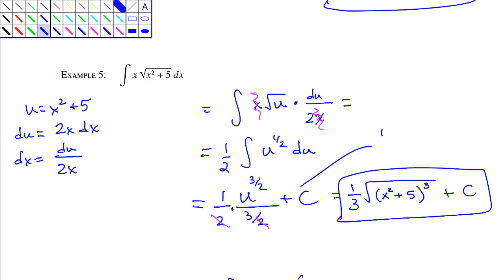This would be 1/3 the square root of u cubed plus c. Because remember what 3/2 means as an exponent. The bottom is a square root. The 3 on the top is a cube power. So it's the square root of u cubed. And then back substitute the u. u was x squared plus 5.